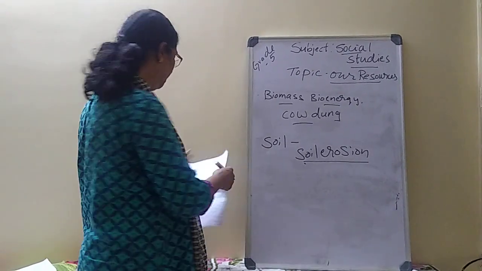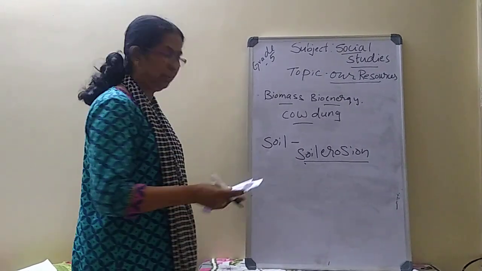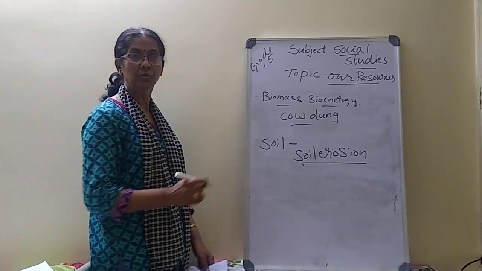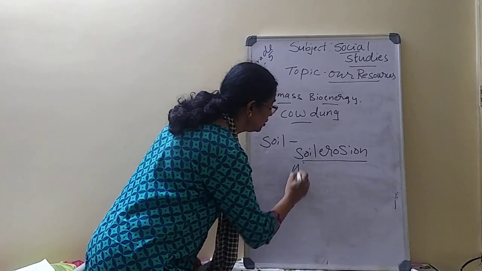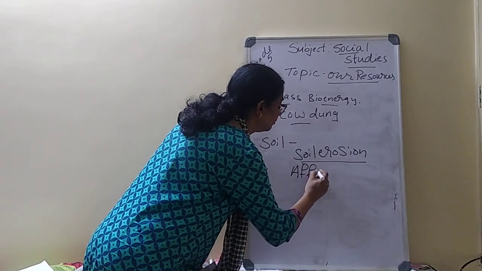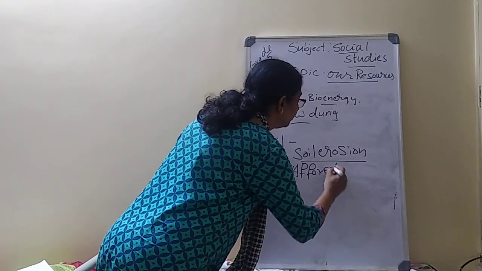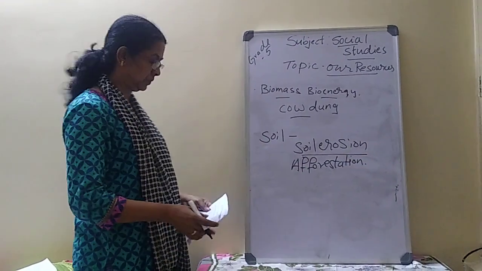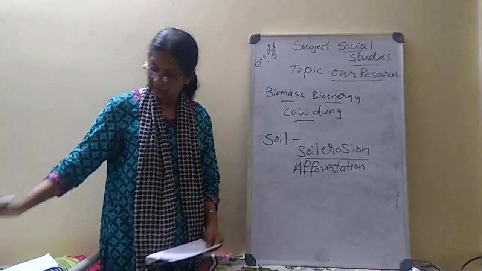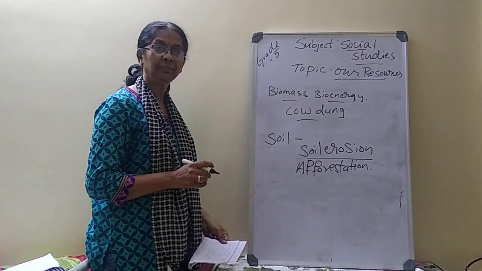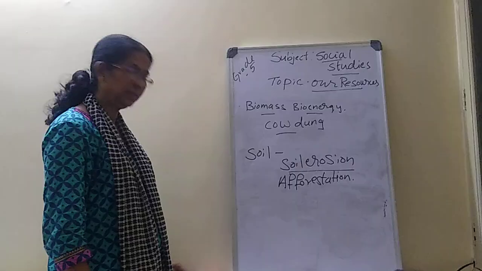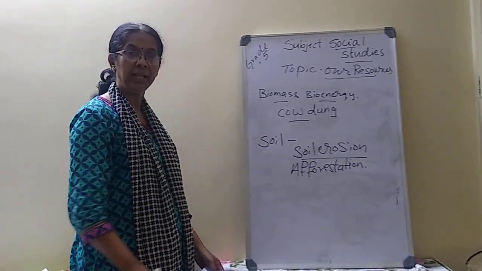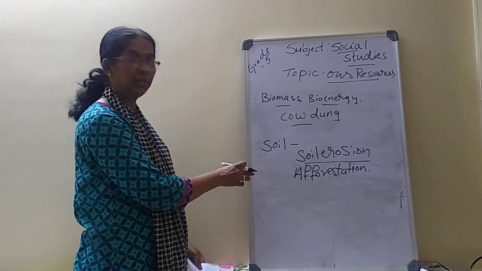This can be prevented by planting more trees, which is also known as afforestation, which helps the roots of the trees and plants bind the soil together.